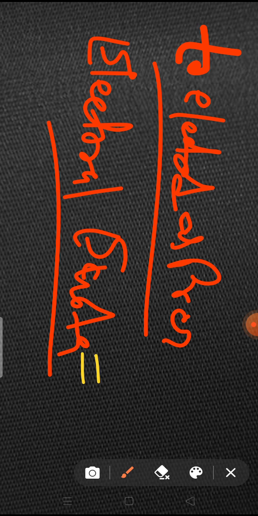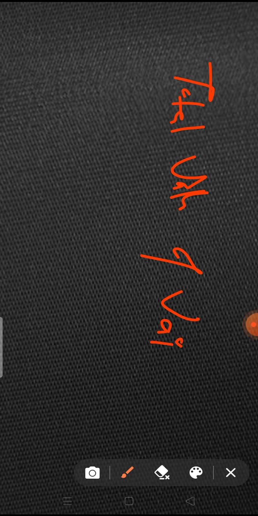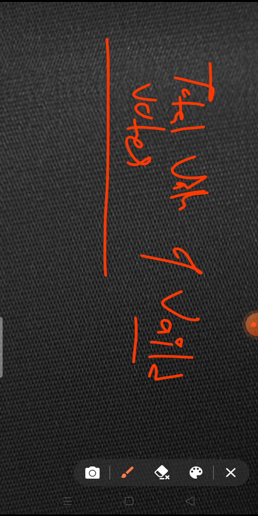Electoral quota is equal to total value of valid votes divided by 2 plus 1. This is electoral quota. Fine.